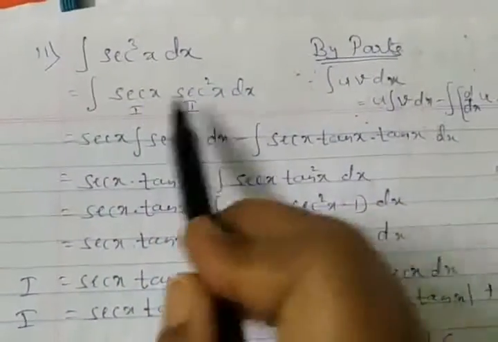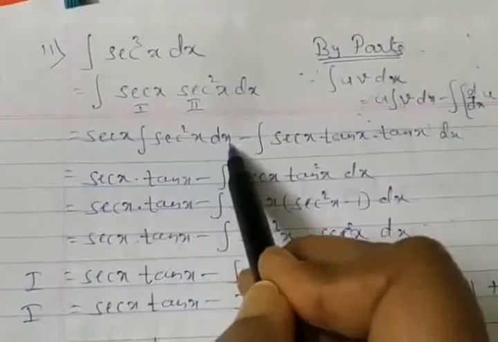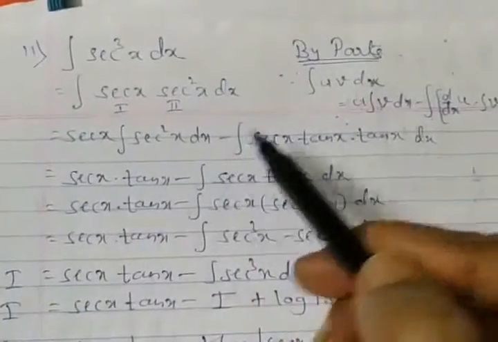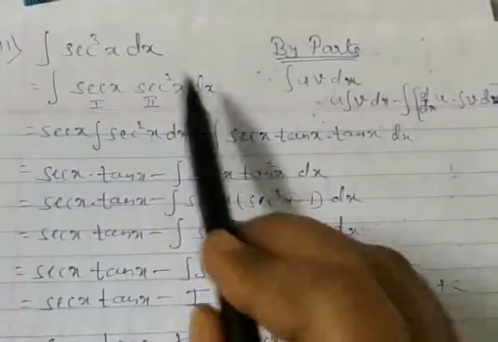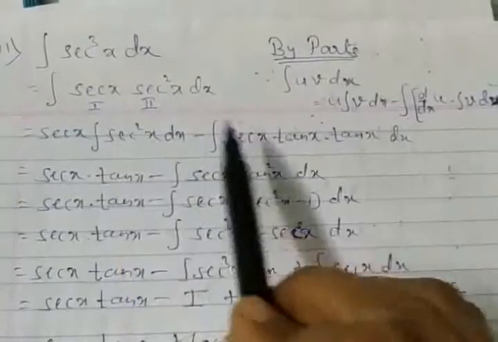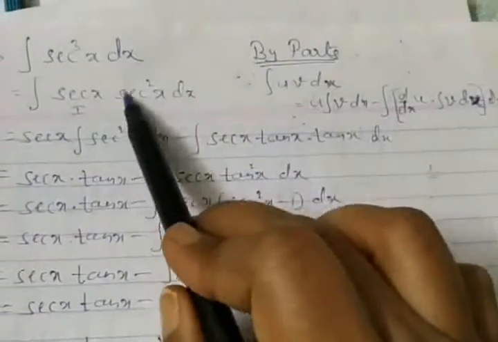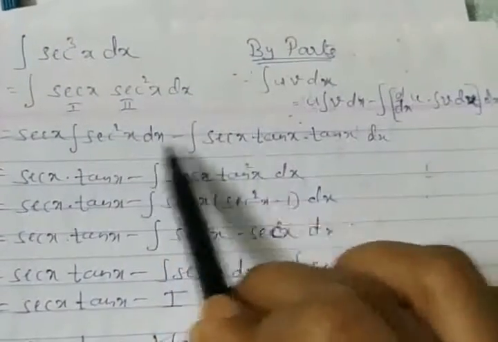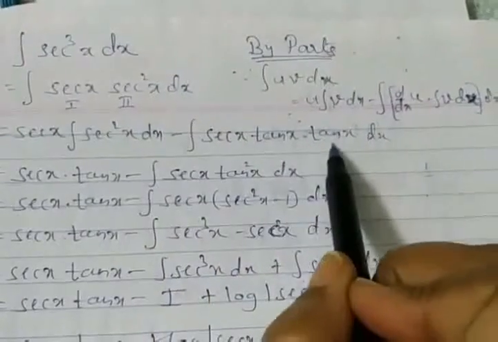According to this rule, we write: first function sec x kept as it is, integration of secant square x with respect to x, minus the integration symbol kept as it is, differentiation of first function, sec x into tan x, into integration of second function. Note the step: integration of secant square x is tan x.